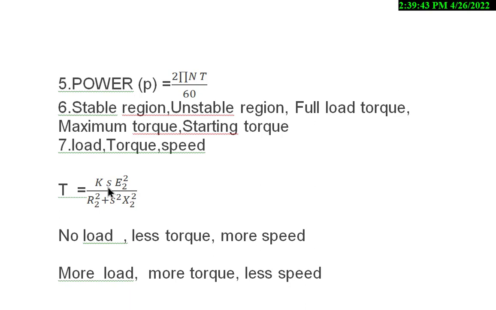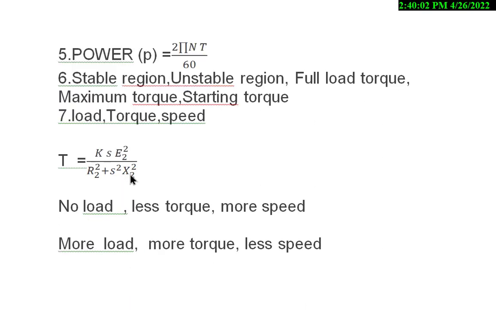Here S is the slip and E2 is the induced EMF in the rotor under standstill condition. R2 is the rotor resistance per phase. Similarly, X2 is the rotor reactance per phase under standstill conditions.